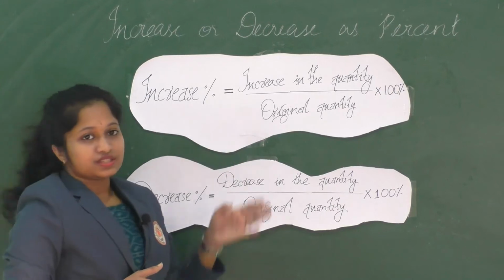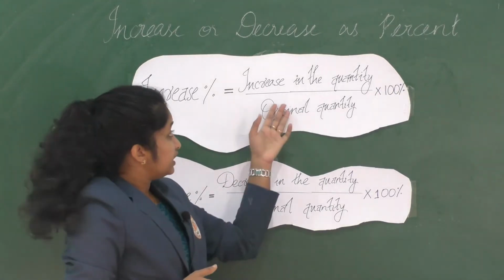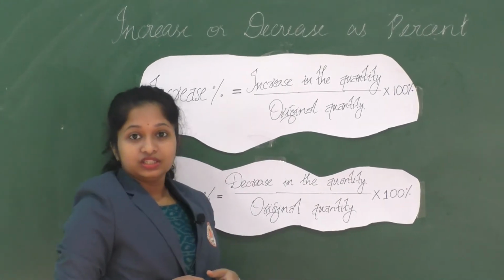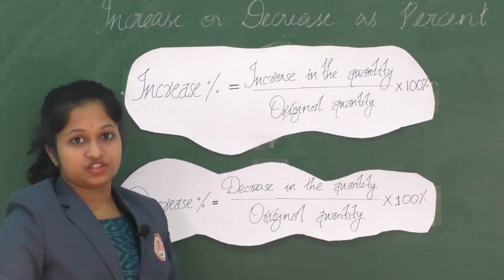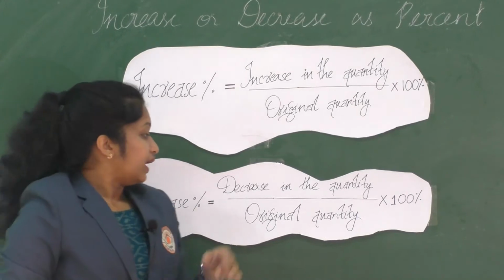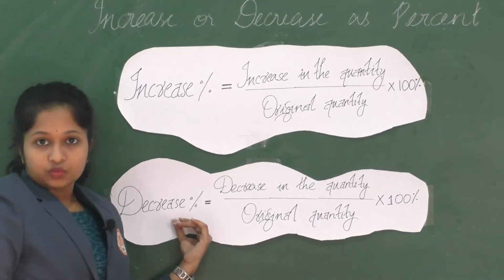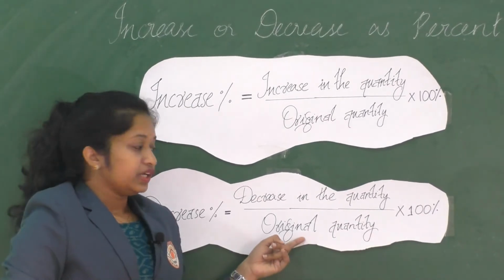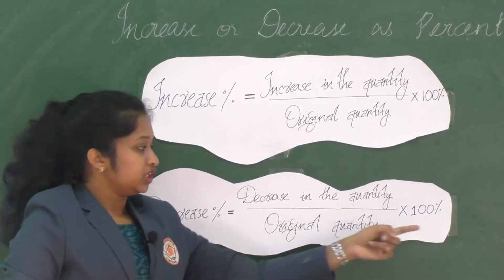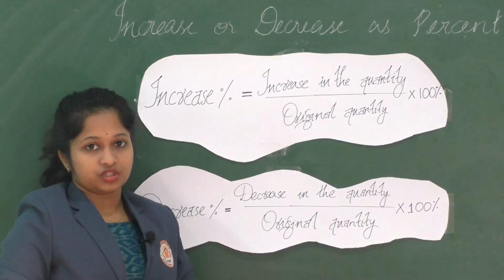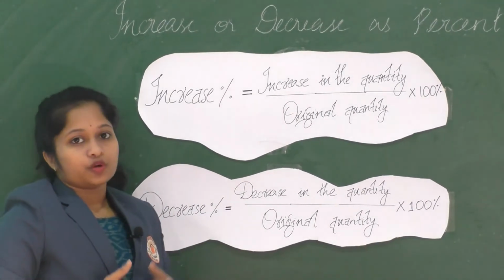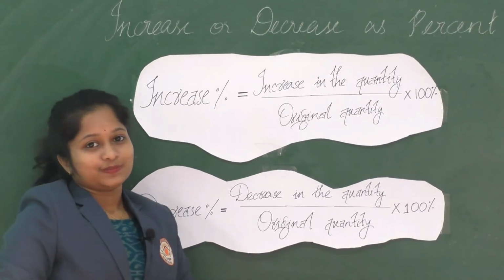The increase percent is equal to increase in the quantity by original quantity into 100%. The decrease percentage is equal to decrease in the quantity by original quantity into 100%. Remember these two formulae, so you can do the problems easily.